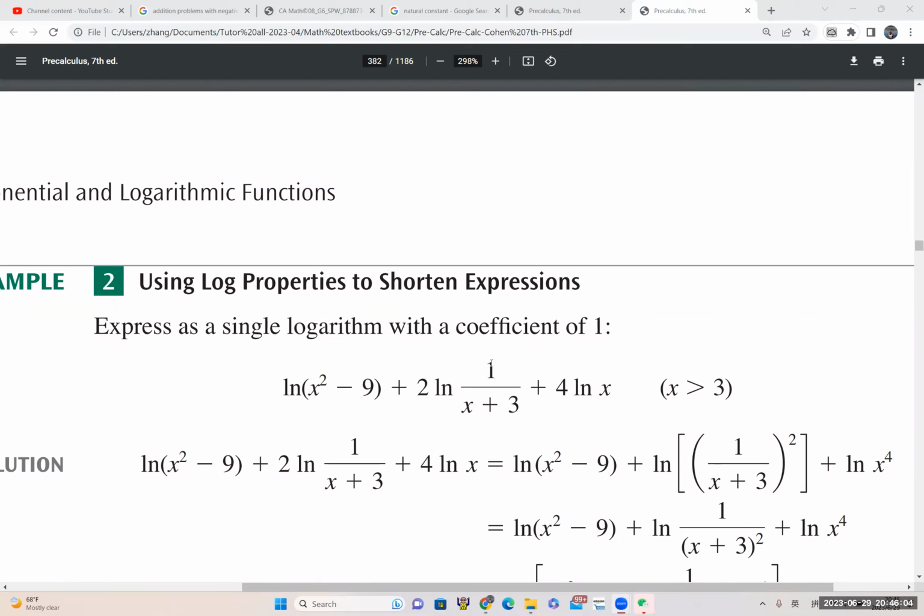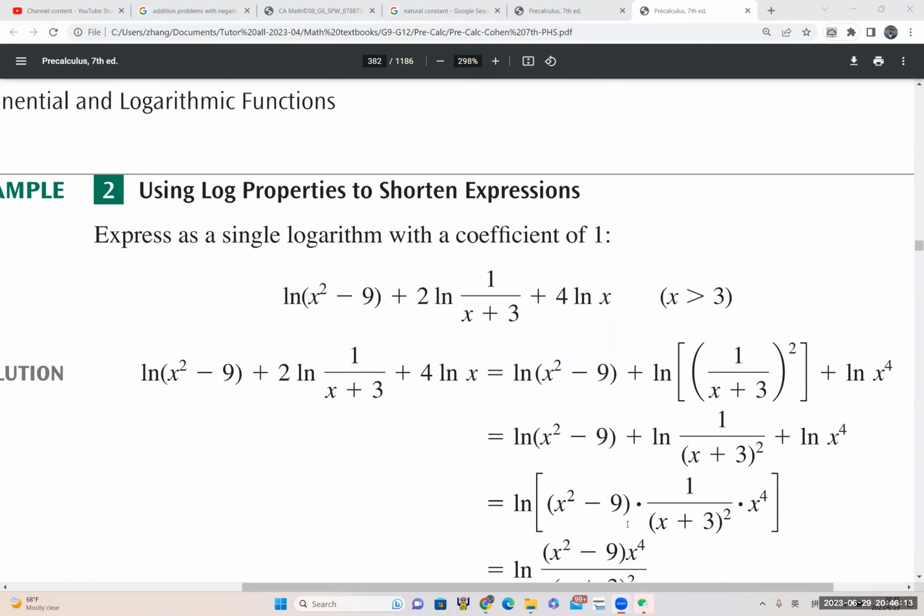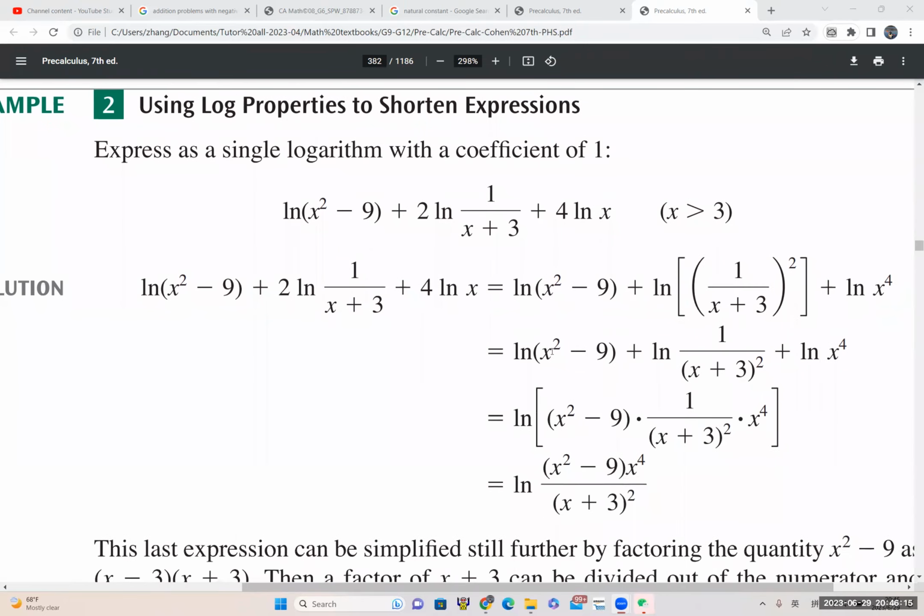First these two go here to get the square. Then as here is plus, they can go to the logarithm of the product, right?